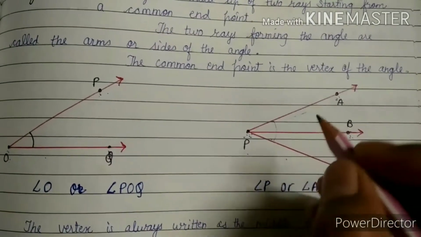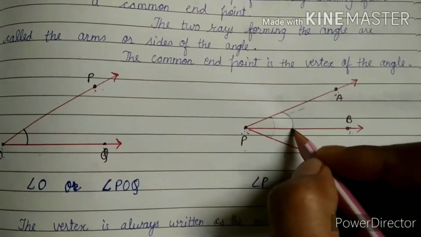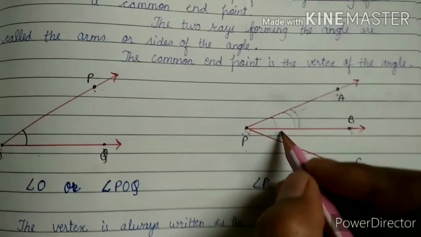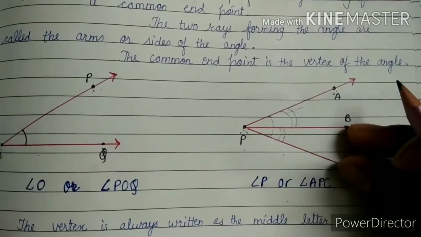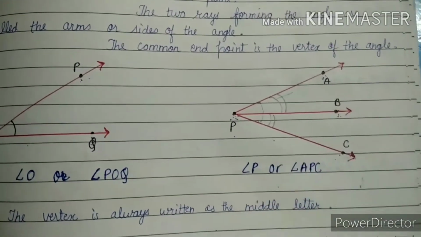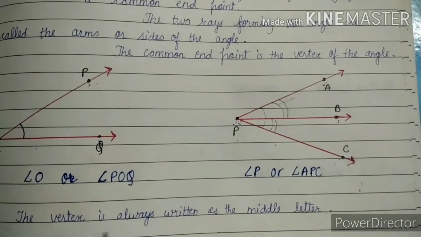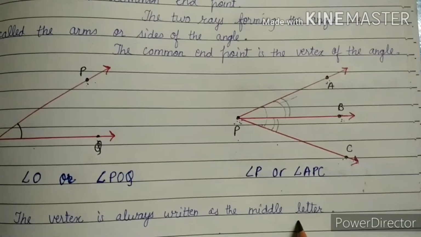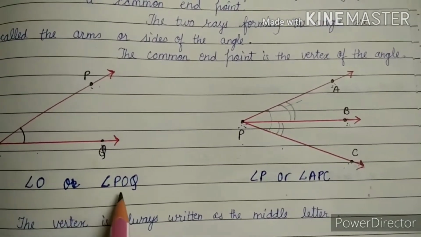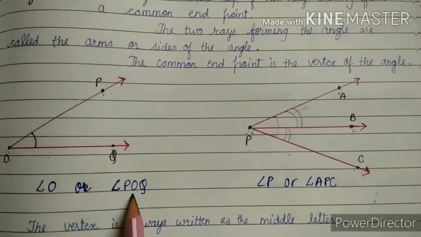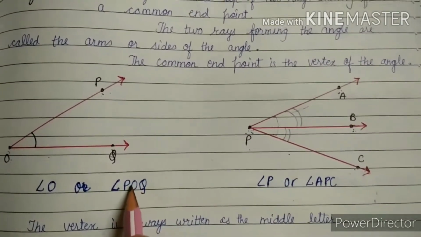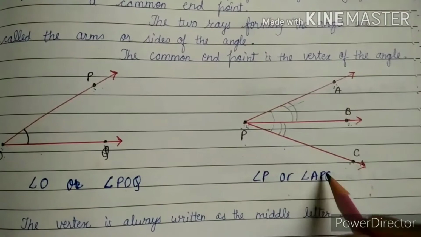In this angle, if we partition it, we have two kinds of angles: the first is this much portion and the second is this much portion. The vertex is always written as the middle letter. In both figures, the vertex, that is O, is coming in the middle. Here P is also coming in the middle.